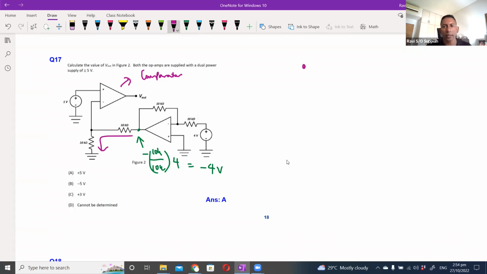If I were to draw it, I have negative 4 volt here, 10K, and this is the point to the op-amp, and then another 10K and ground. So this is basically a voltage divider, correct? If this is negative 4, that means this point here will be negative 2 volts.